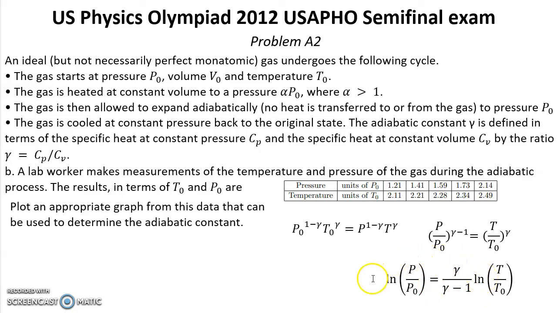From this graph we can find that the slope is approximately 3.5, and it means that gamma equals 1.4, and this gamma is related to a diatomic gas. That was actually the answer for question C.